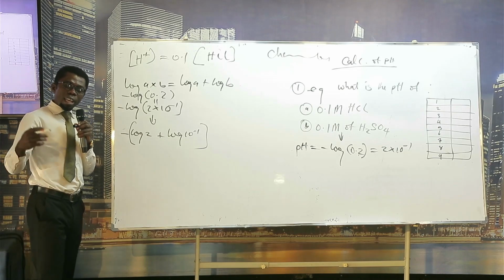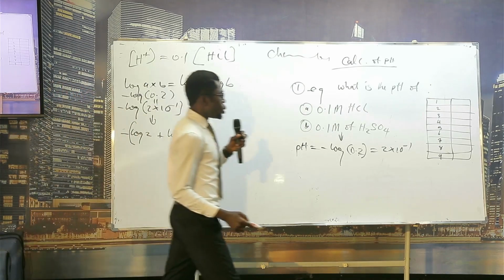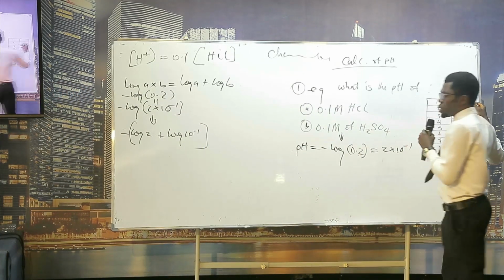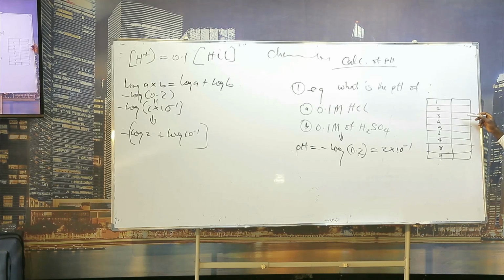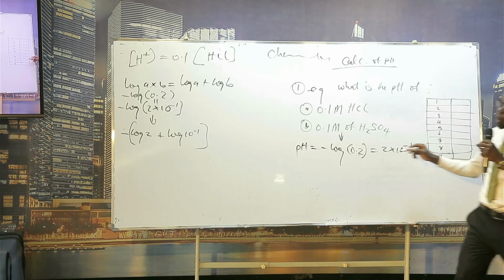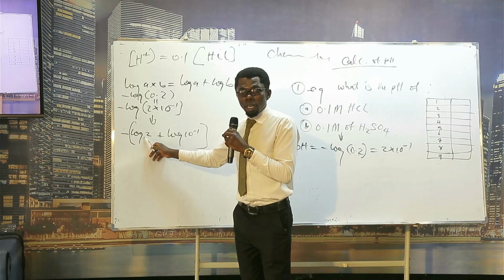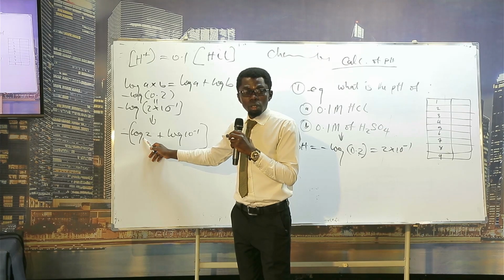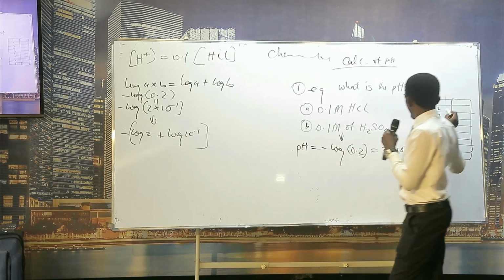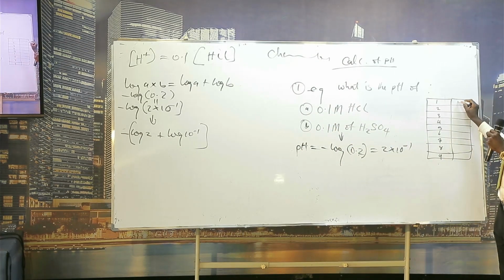Now, do you understand why I told you to know these things? It's easy. Just press your calculator. Memorize the values of all these things, so that at this point you put log 2. Okay, what is log 1? What is log 2? What is log 3?